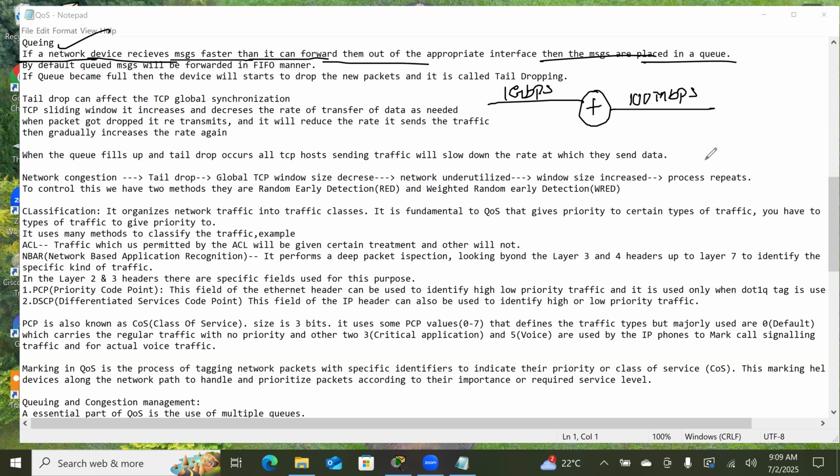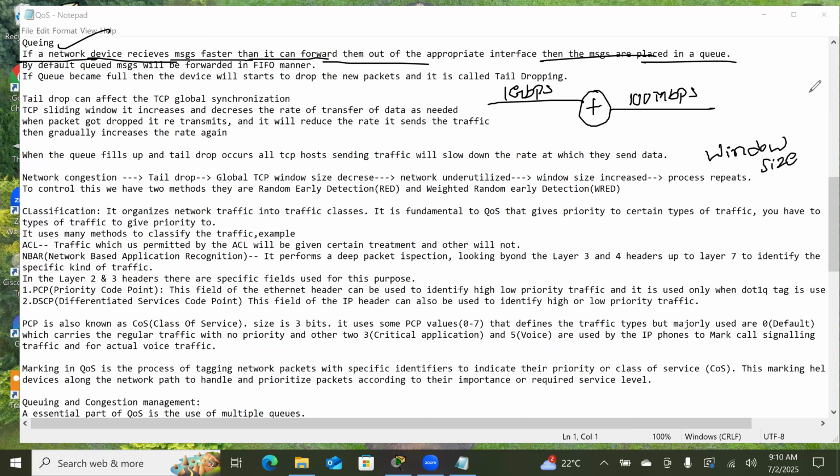I hope you remember that I mentioned something about the window size. In which header? The TCP header, sure. In the TCP header, we mentioned the window size.